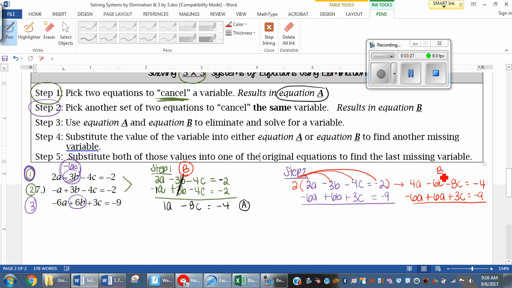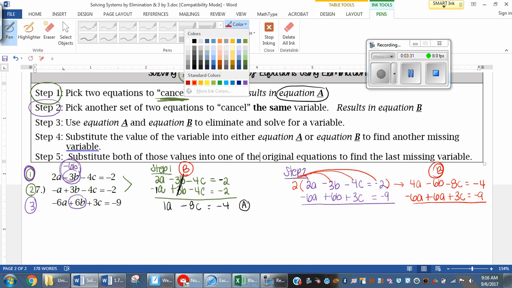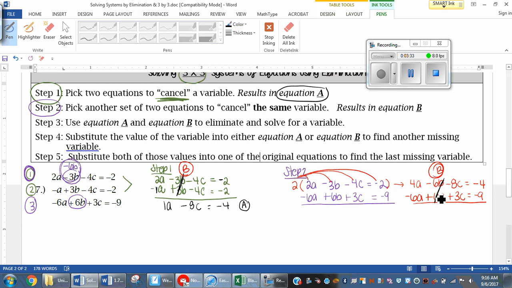We're doing the same thing now to eliminate using the first and the third equation. So my b is gone. I get negative 2a, negative 5c, negative 13. Okay, this is what I'm going to call my resulting equation b.